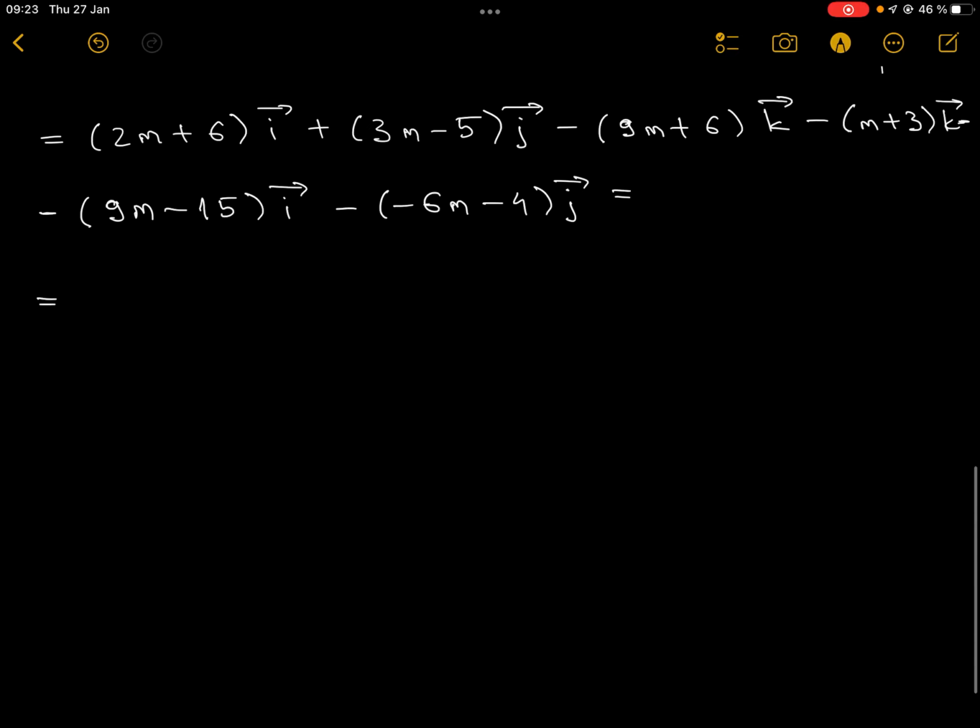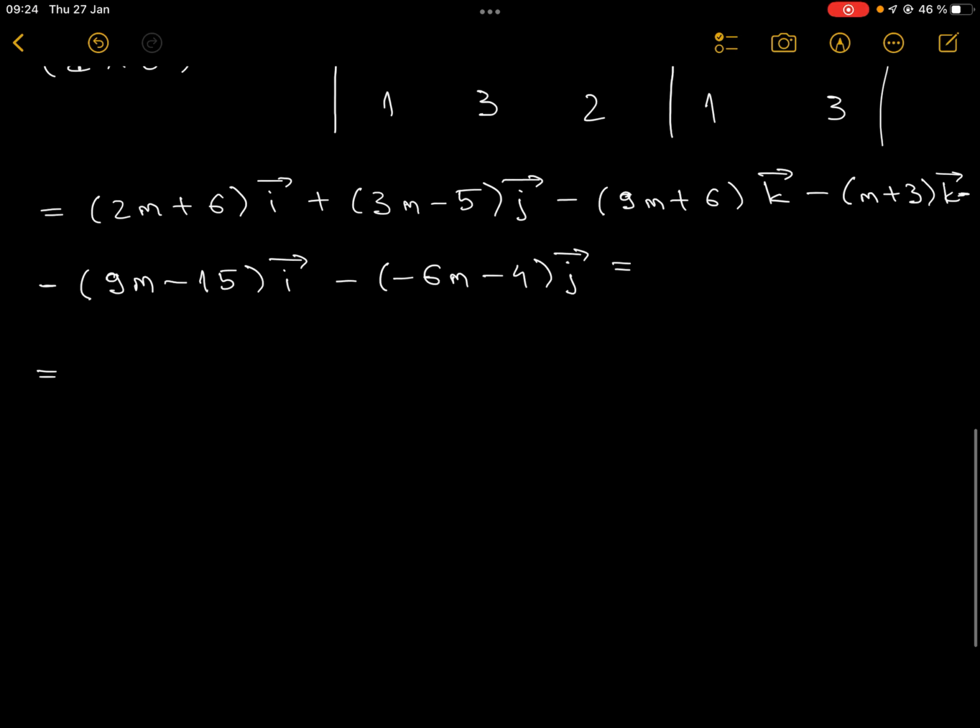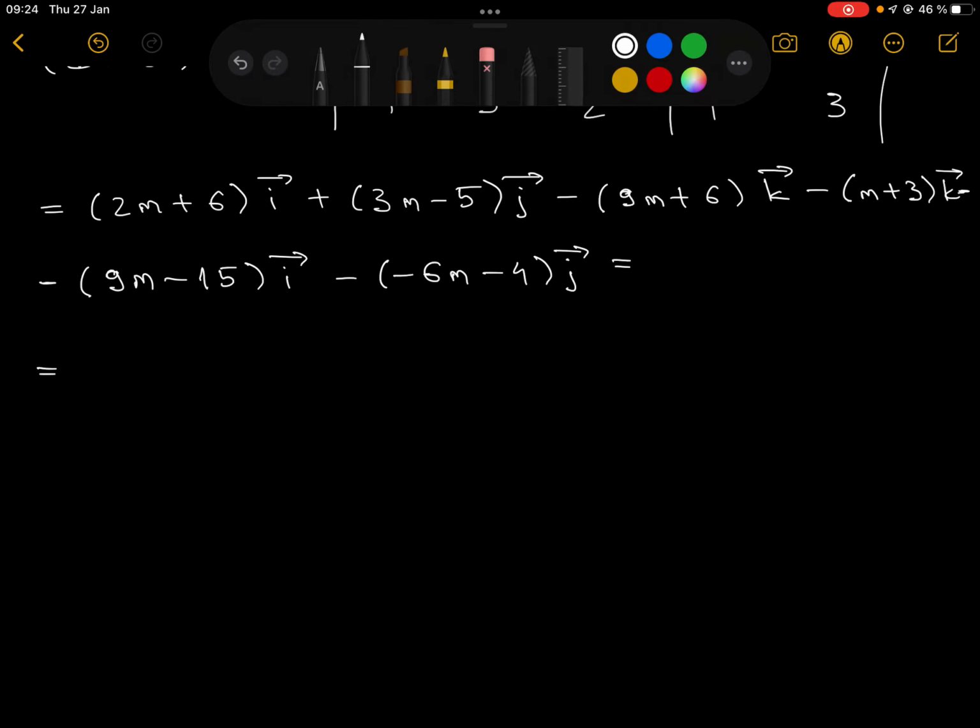Okay, as in the first example, we're going to rearrange these terms a bit. So i right here, i right here, j right here and here, and k right here.